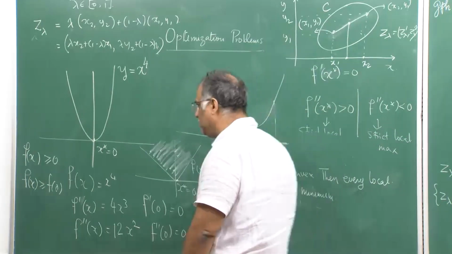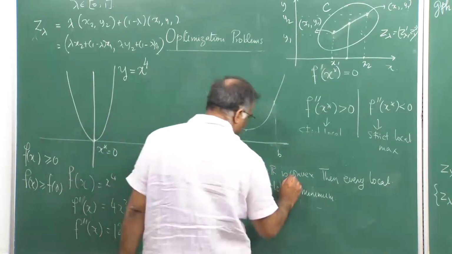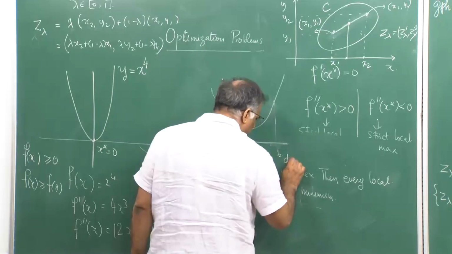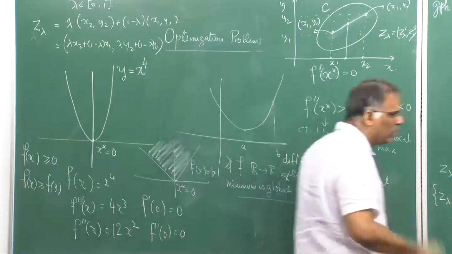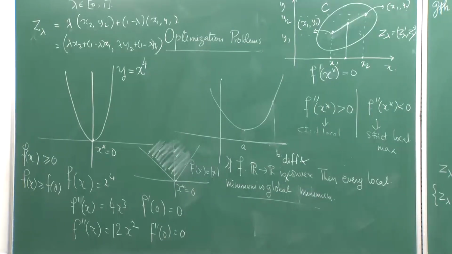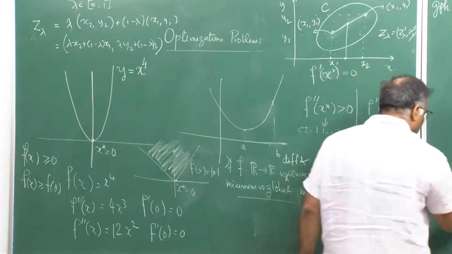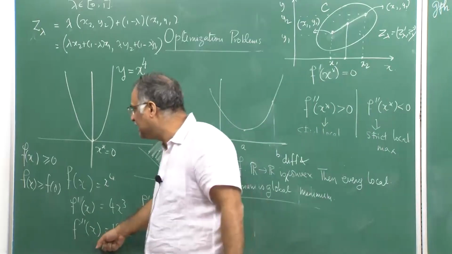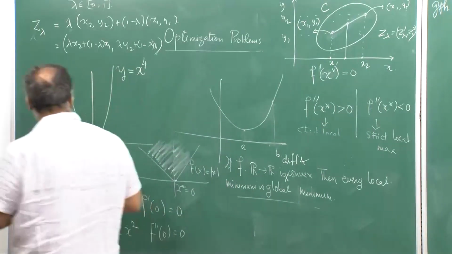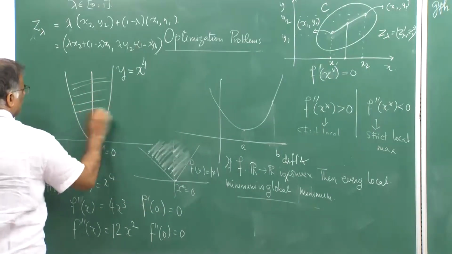So, my function is differentiable and convex. If your function is differentiable and convex, then every local minimum is global. So, how do I prove it? On what basis am I making such a statement? This is a very, very amazing statement. For example, if you look at x^4, look at the epigraph.